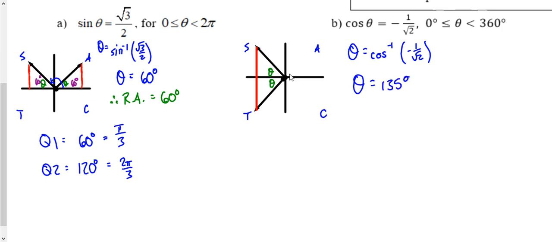If I sketched on 135, that means from here, our positive x, to this first line here, that's 135 degrees. The question is, what's our reference angle? So our reference angle in this case here is going to be 45 degrees because we're already at 135. We needed 45 more degrees to get to 180. So reference angle 45 degrees.